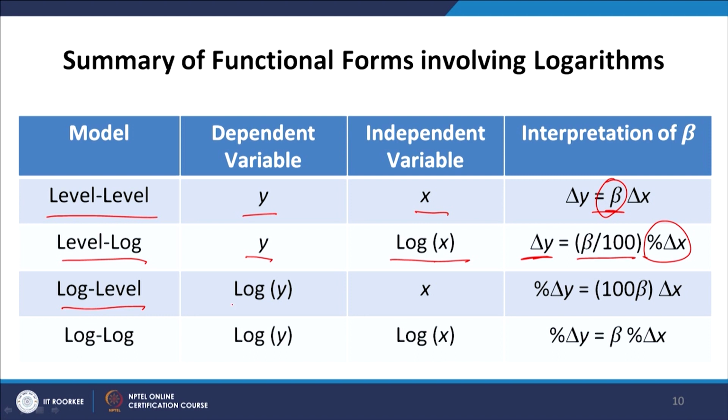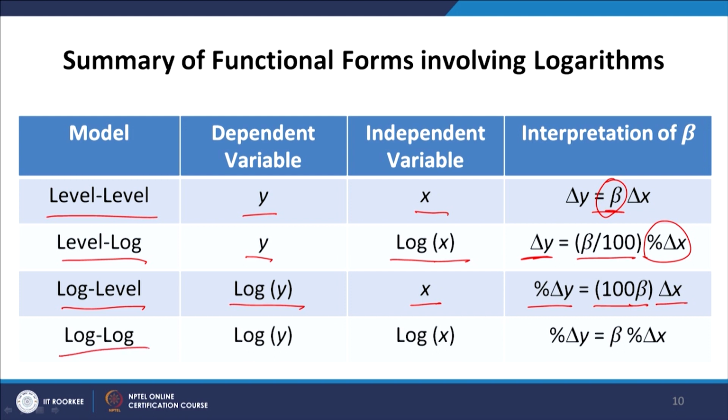Log level, when y is measured in terms of logarithm, x is measured in its level. The example that we had just taken, the example of the impact of education on wages. Then we have percentage change in y as measured by 100 multiplied by beta, given by a change in x. So, delta x, that is a change in x, changes y by beta multiplied by 100 percent.